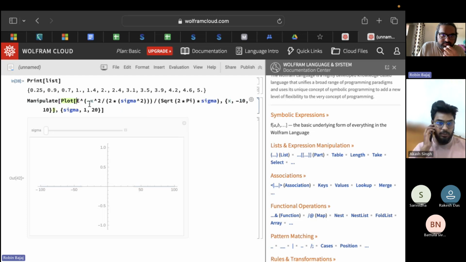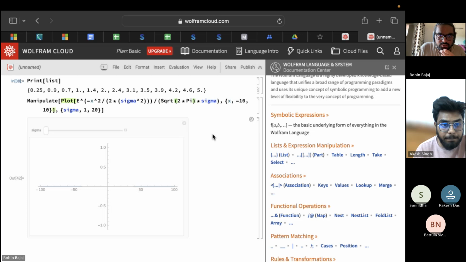Even then, it should have minus x, this bracket closing with this one, square root 2 pi. Okay, minus x square.